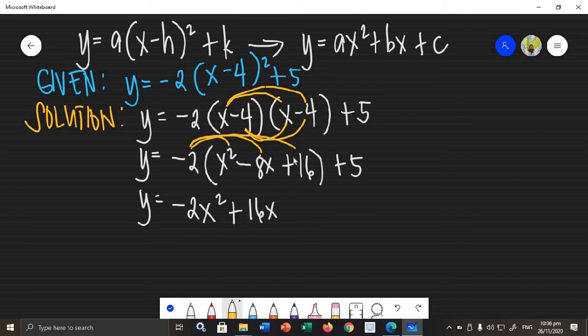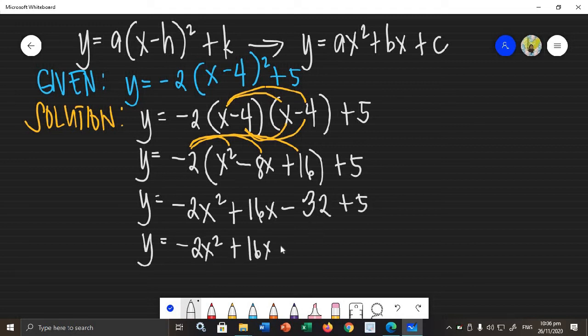So, negative 2 times 16, the answer is negative 32. Yeah. And then we have plus 5. And then now, we will combine the constants, which is negative 32 and 5. So, negative 2x squared plus 16x. Negative 32 plus 5, the answer is negative 27.